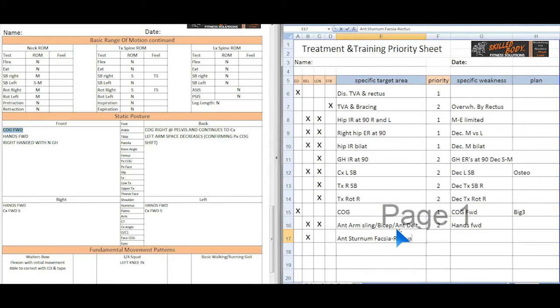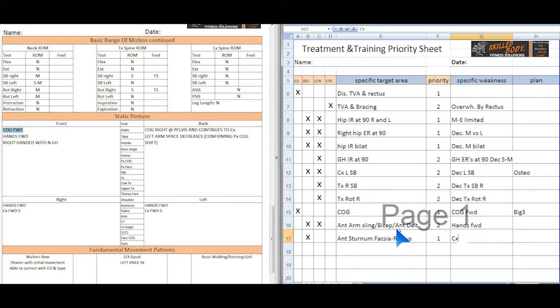And I'm going to open that manually. I'm going to put it as a priority 1 because I know, from being on the therapy side, there's a couple of techniques that can do it right away. And I know that that chest down posture, and all the work that we're going to have to do with separating his rectus out from his TVA, there's a couple of techniques that I know that are going to help release some of that pressure and hopefully disarm the rectus.